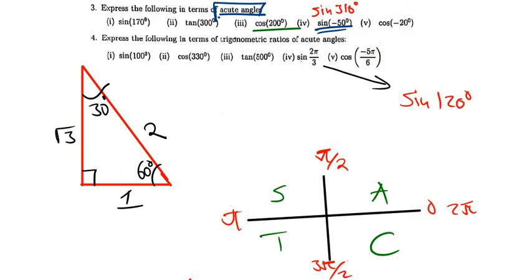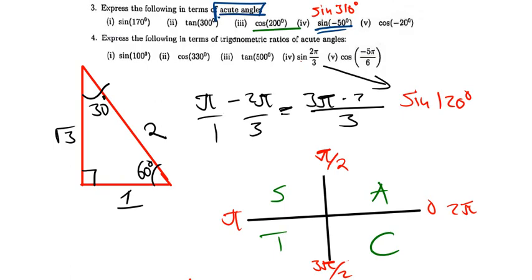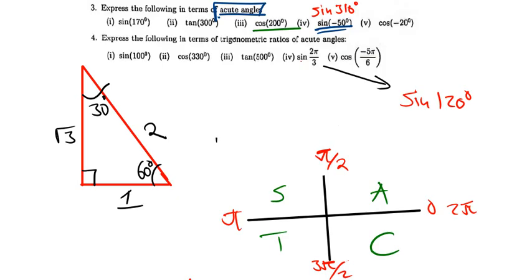2 pi over 3, or two thirds, is less than a pi, so we can subtract from pi. Common denominator 3: 3 times pi, 3 pi minus 2 pi, which is going to give us pi over 3.